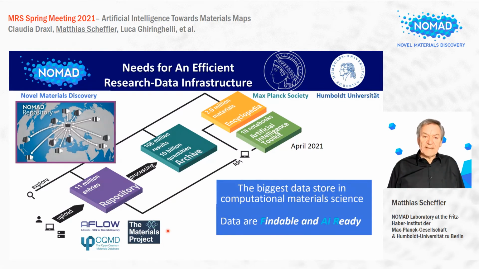There is an automatic synchronization that fetches their data, stores their raw data at NOMAD, and then converts them into the archive. About 70% of all the data in NOMAD come in fact from these databases. The other 30% come from various other groups and individual researchers.